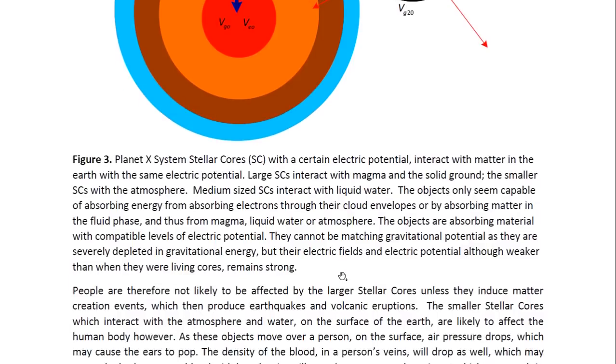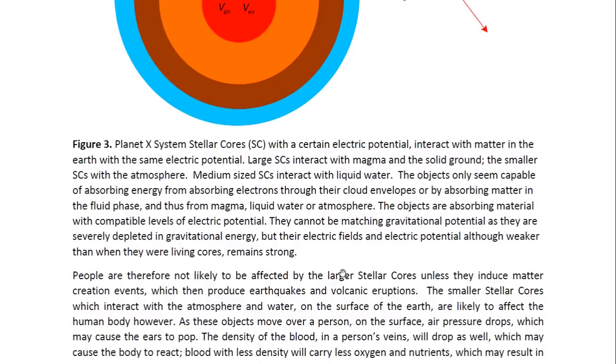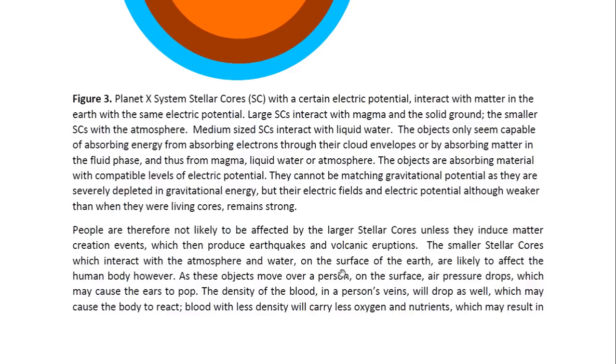They cannot be matching gravitational potential as they are severely depleted in gravitational energy, but the electric fields and electric potential, though weaker than when they were living cores, remain strong. So people are not likely to be affected by the larger stellar cores unless they induce matter creation events which then produce earthquakes and volcanic eruptions. But that's an indirect effect.